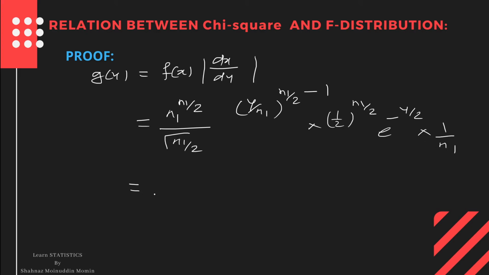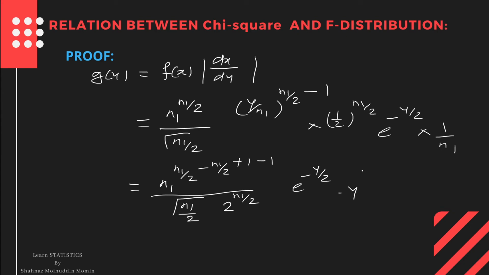So let me collect the power of n1 as n1 by 2 minus n1 by 2 plus 1 and minus 1 divided by gamma n1 upon 2. I will take 2 in the denominator, 2 raised to n1 by 2, e raised to minus y upon 2 and multiplied by y raised to n1 by 2 minus 1.